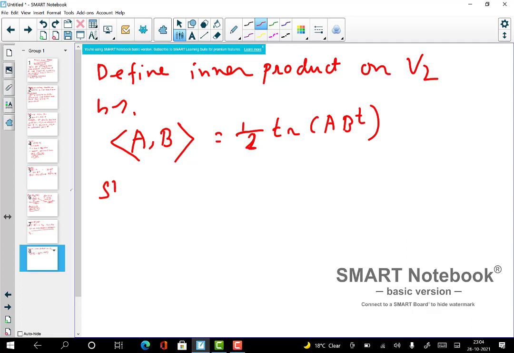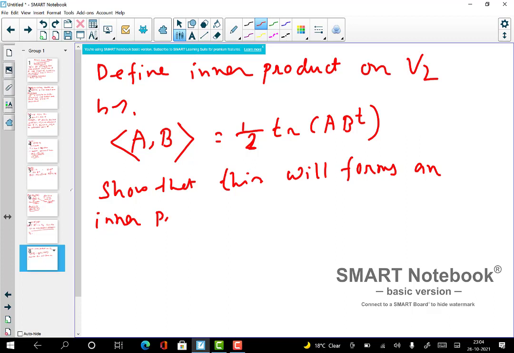This is homework: it forms an inner product on V2. We can easily show that.